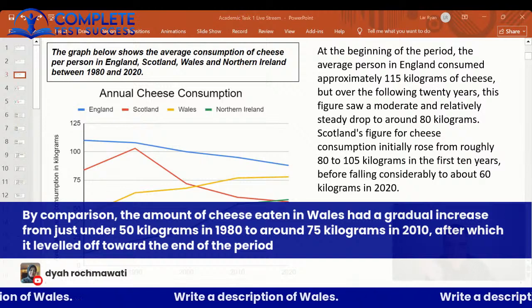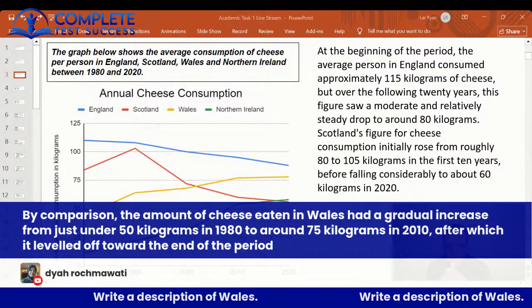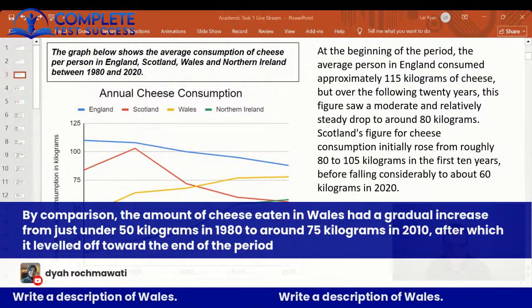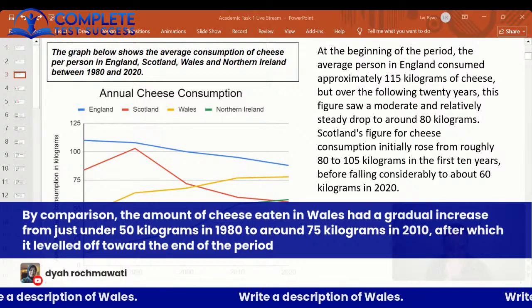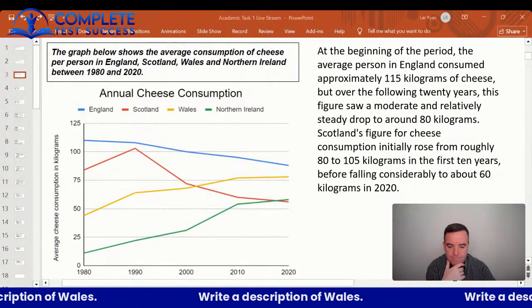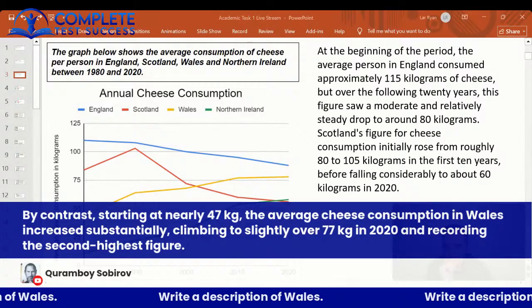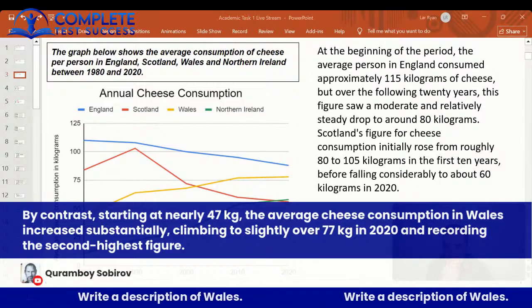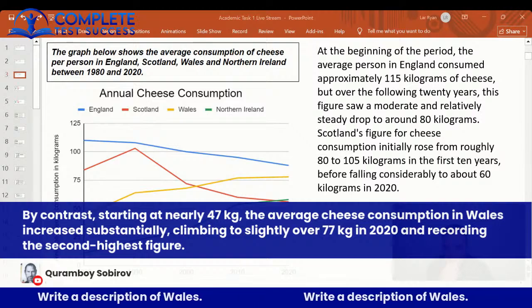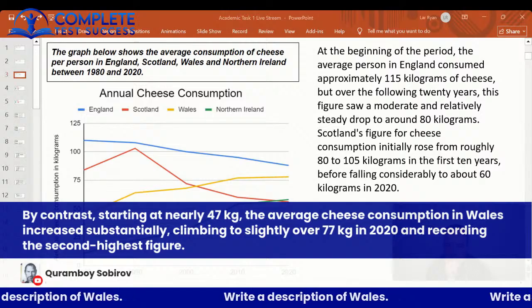This time you said "by comparison," it makes sense because the last one decreased and this one increased. Whereas with the previous description, when you said "similarly," there wasn't anything similar. At least you weren't highlighting anything similar. "By contrast, starting at nearly 47 kg, the average cheese consumption in Wales increased substantially, climbing to slightly over 77 kg in 2010 and recording the second highest figure."